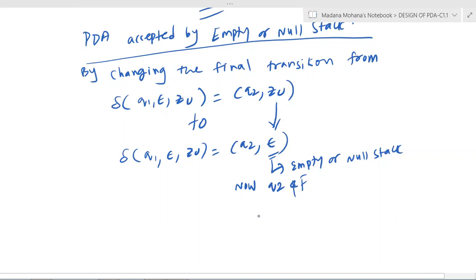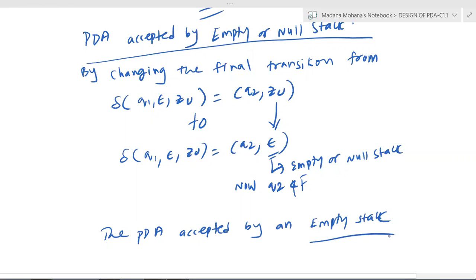So the PDA accepted by an empty stack is obtained by changing the last transition to this one.